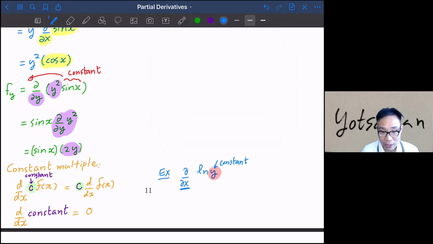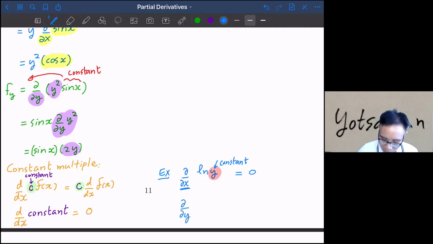So when you differentiate d/dx of log y, this guy turned out to be 0, and the reason is that y is constant. That is going to be kind of tricky for Calculus 2.